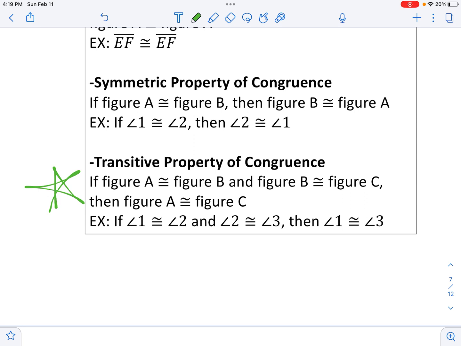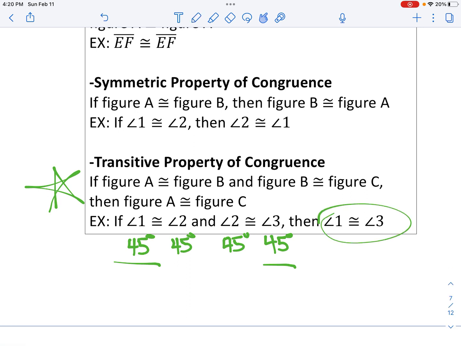Let's just say this is 45 degrees is congruent to 2, which is 45 degrees. Well, 2 is 45 degrees, so I'm going to write that here. That means then if they're congruent, 3 would have to be 45 degrees. Okay, so then that means 1 and 3 both are 45, so they are congruent. So that's really all that's saying, but the transitive property you will use quite a bit.